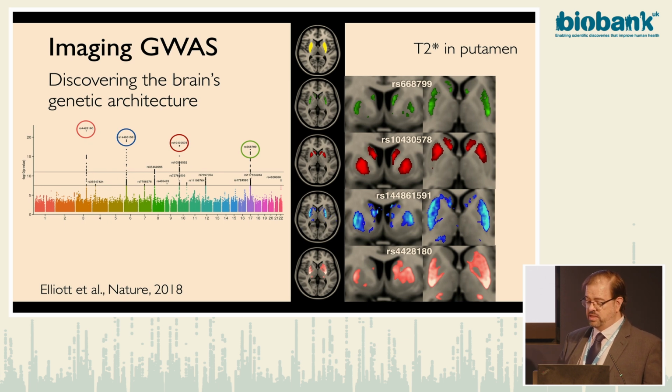The IDP is the T2 star in the putamen, which is a metric that we get from the SWI image. And we found that there are 4 genetic SNPs highly correlated with this IDP. And we can regress those genetic SNPs back to the brain. And we can see that each SNP affects the putamen in different areas. So this gives us a better idea of how the genetics affect the brain.